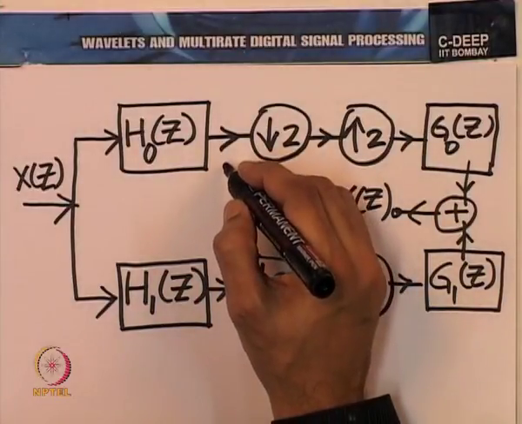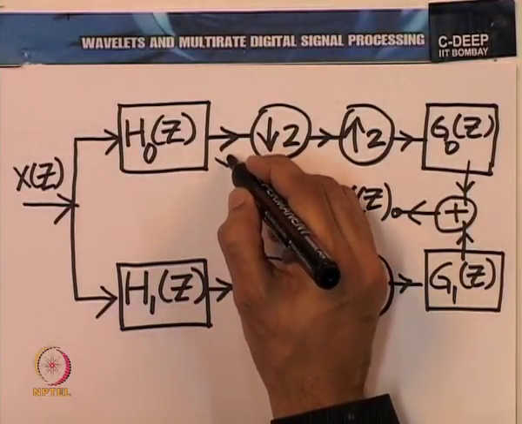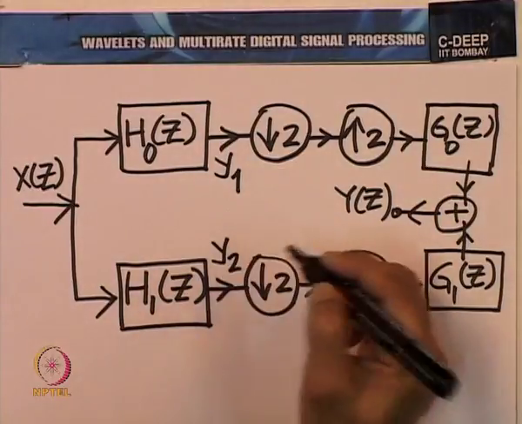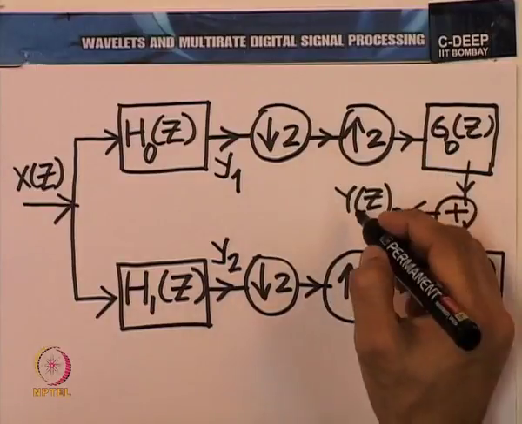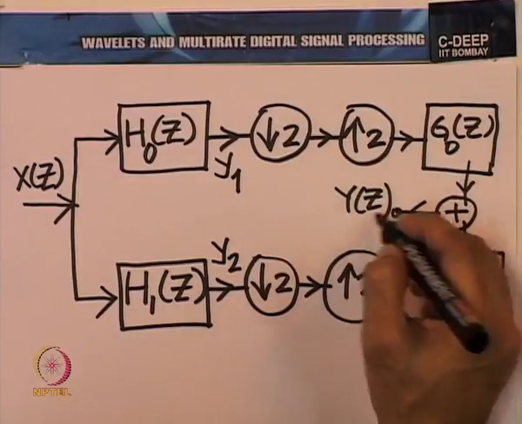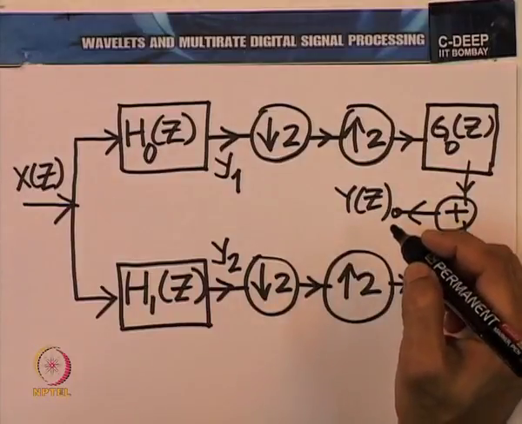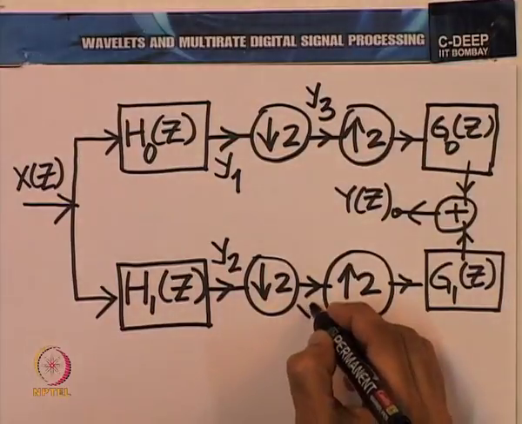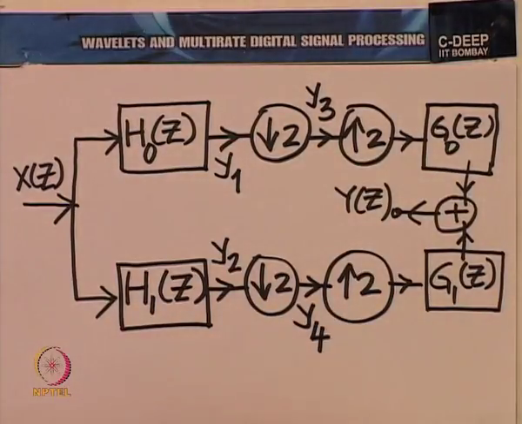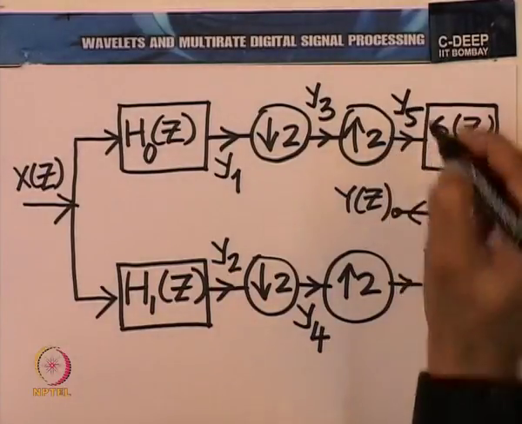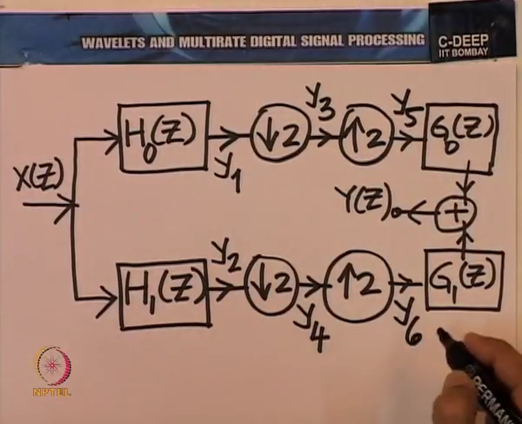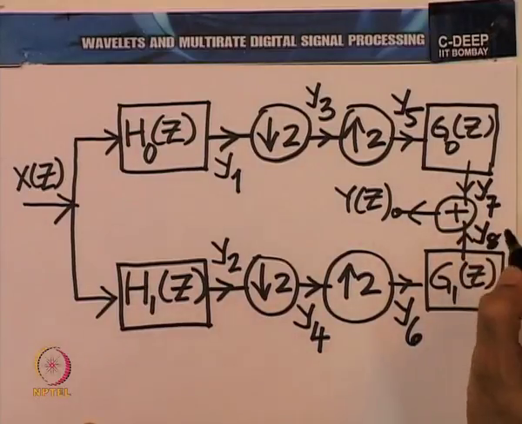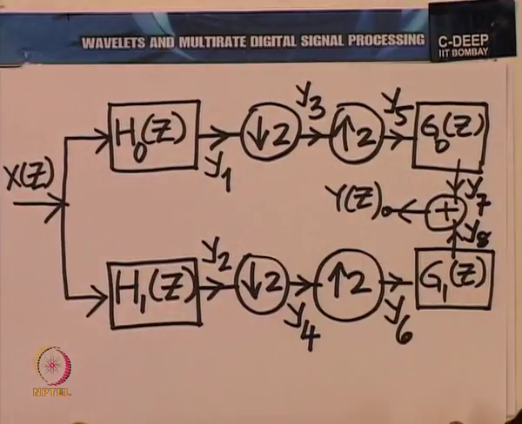So, let us call this y 1, let us call this y 2 and so on. And the very output we shall just call y without any subscript. So, accordingly this becomes y 3, this y 4, this y 5, y 6, y 7, y 8 and then of course, y 9 is simply y.